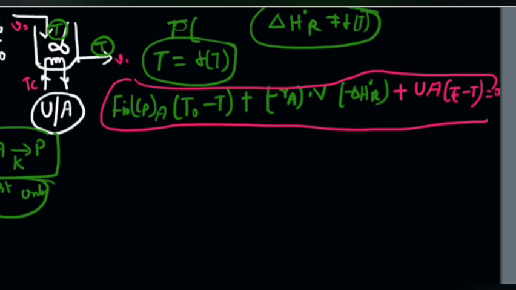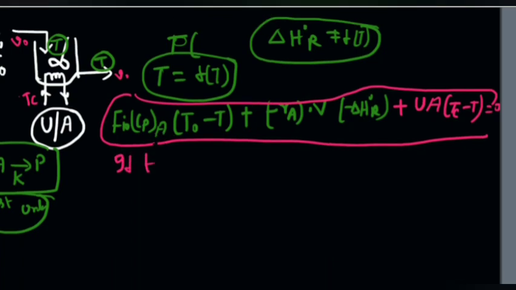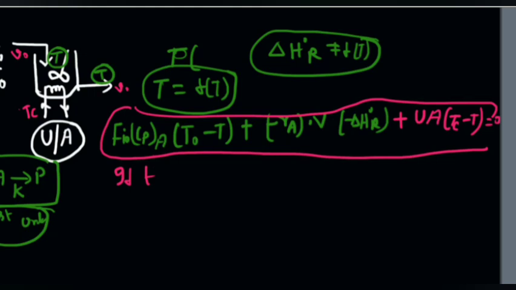Now understand what's happening here. If the inlet temperature of the reactant is equal to the temperature inside the reactor, that is, T naught equals T, that means it is taking place in isothermal condition.